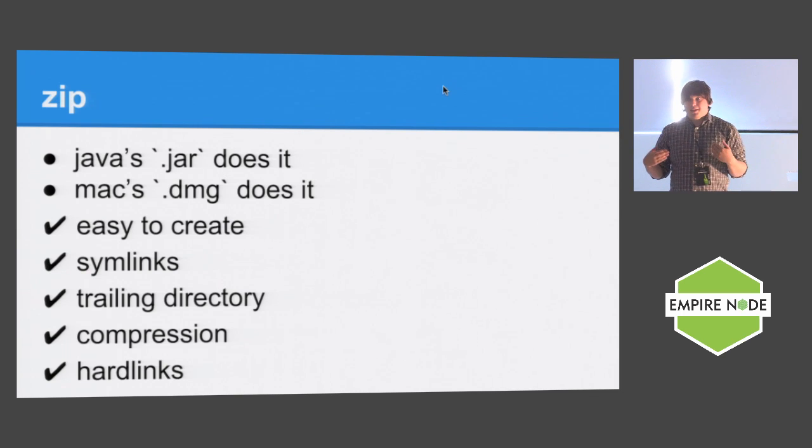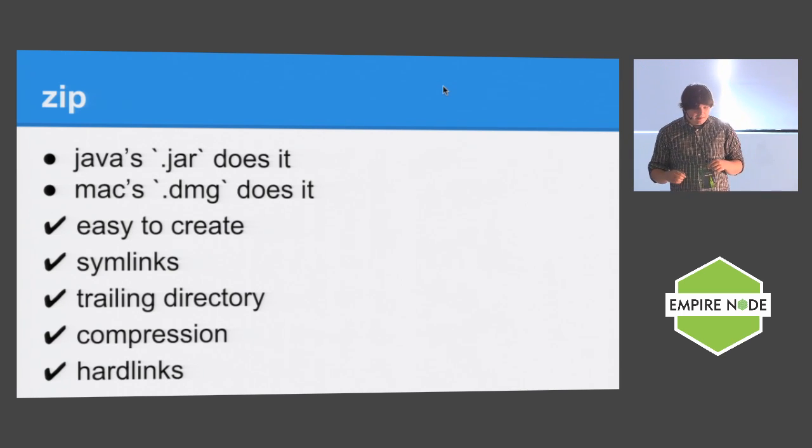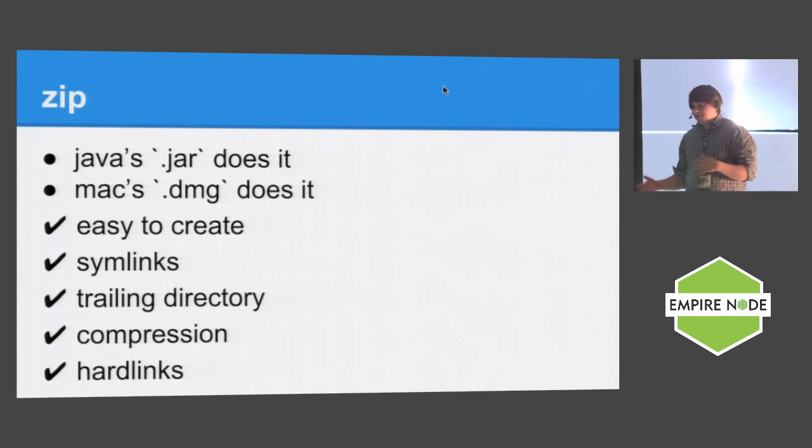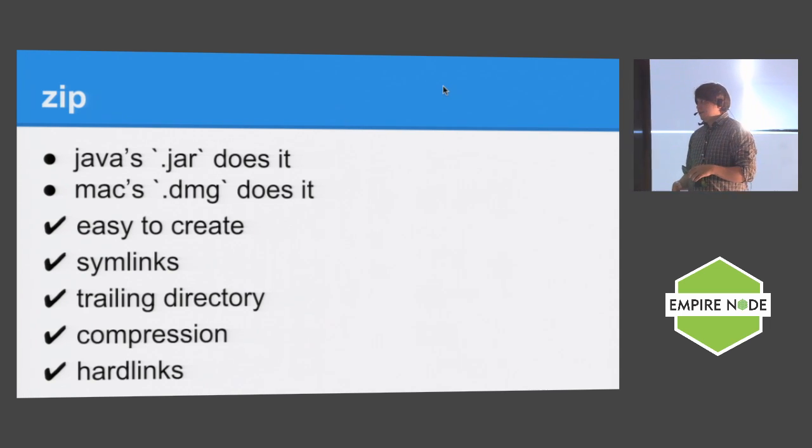We don't want people editing crazy meta-INF files, which you have to do in Java, or making p-lists like you have to do for Mac. We want this to be as simple as possible. There were some issues raised in Node Forward about zip files not supporting this or that. They actually support a lot of advanced features.